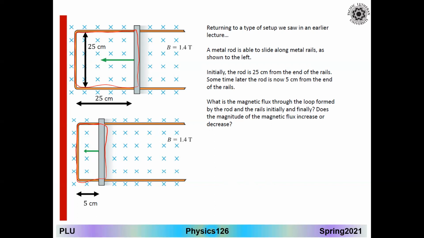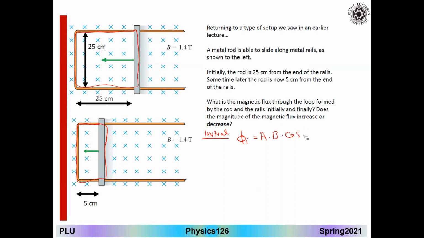We want to find the flux in those two loops. So here is the first part, the initial. Let's call it phi I. Again, area times B times cosine theta.